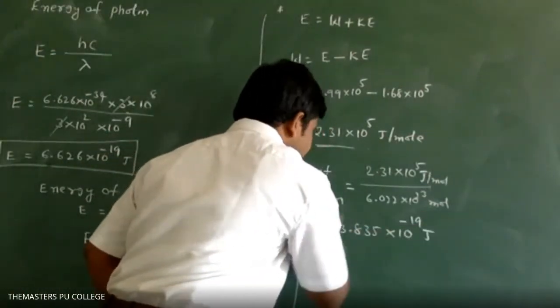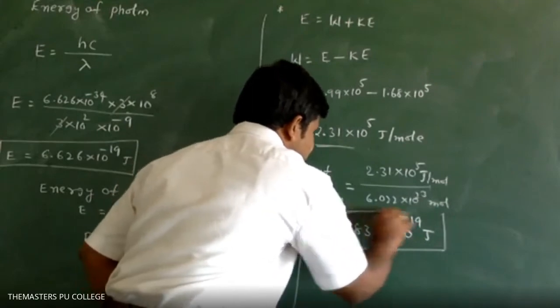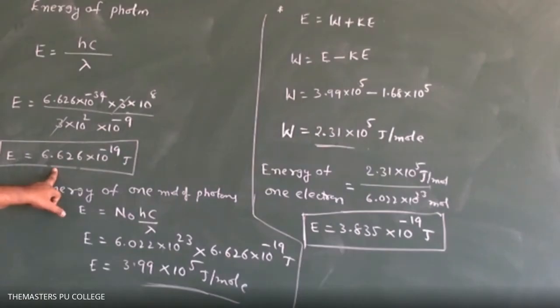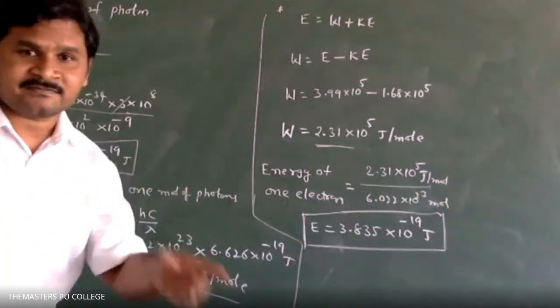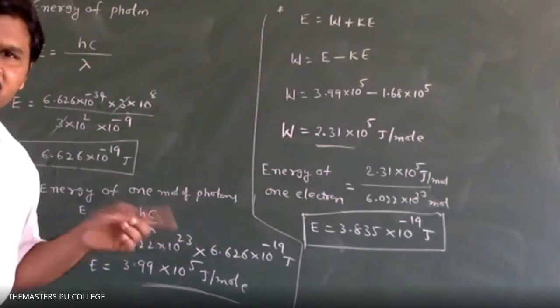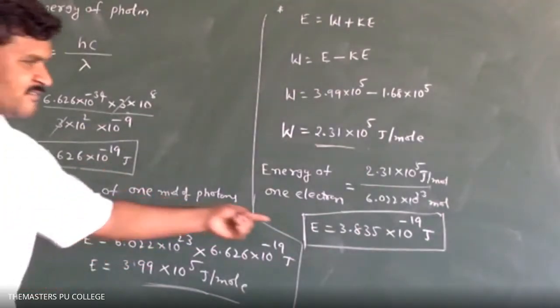This is the W value. Which value is highest, the energy of light or the energy of the electron? Always the energy of light is greater than the energy of a single electron. Proved.